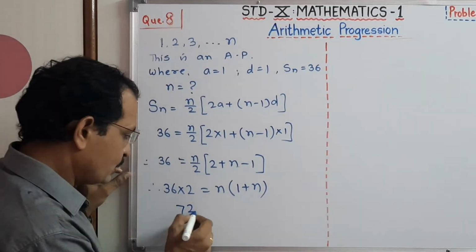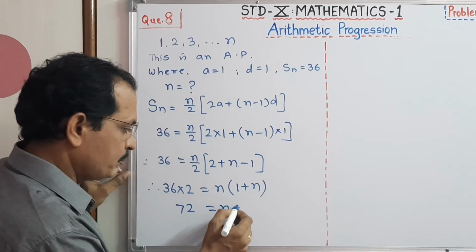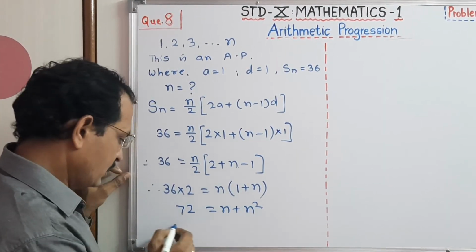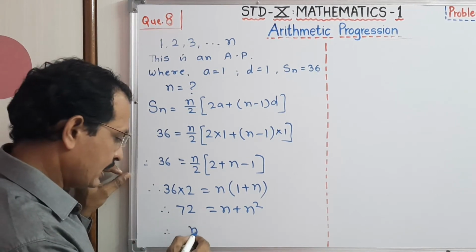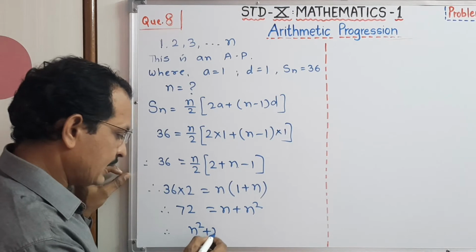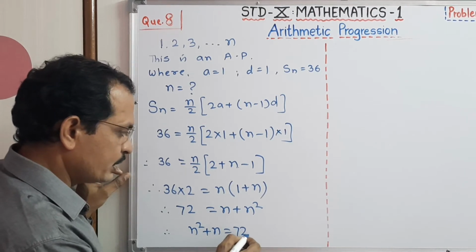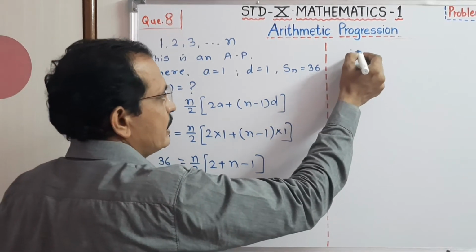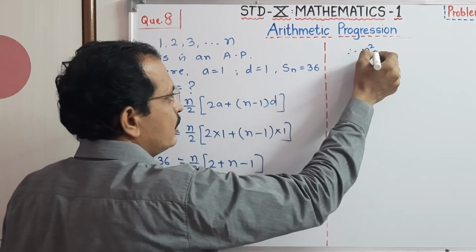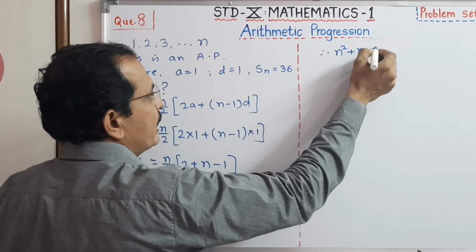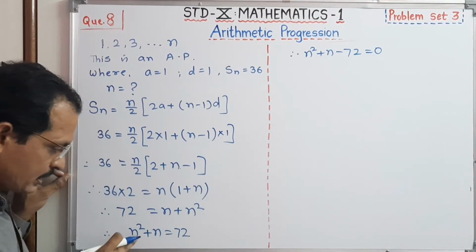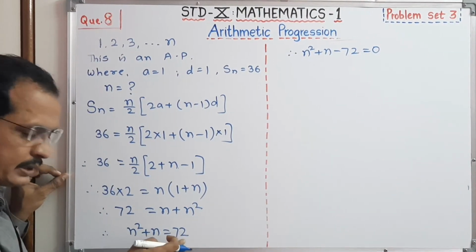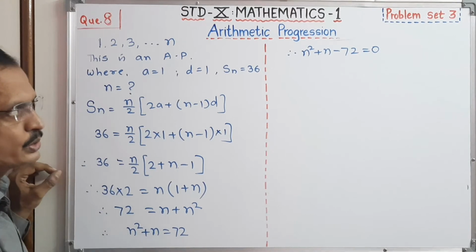Now 72 is equal to n plus n square. Therefore, dear student, we got n square plus n is equal to 72. Therefore, we can write n square plus n minus 72 is equal to 0.